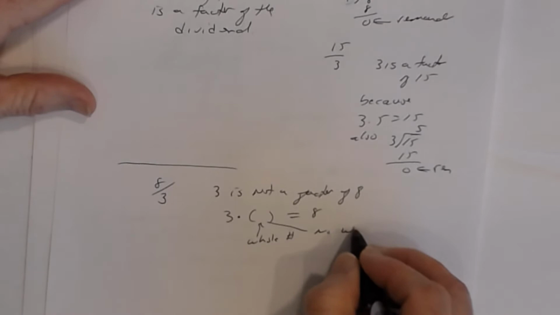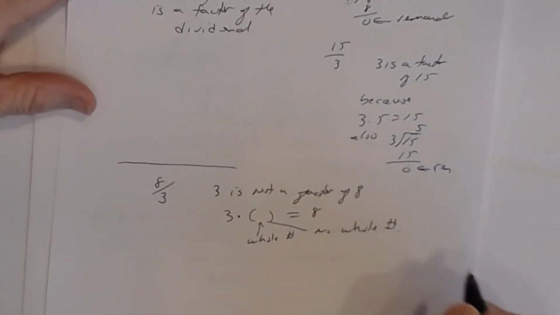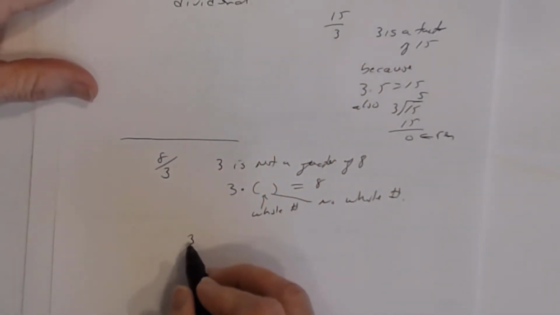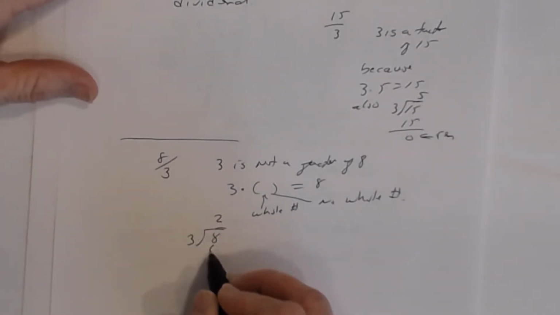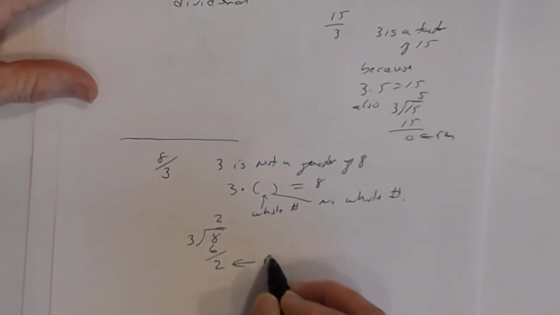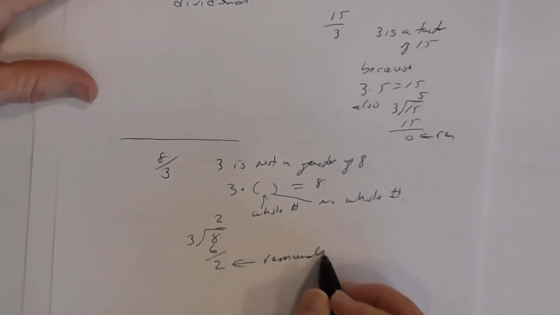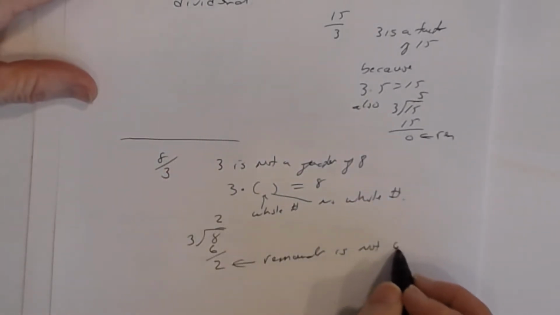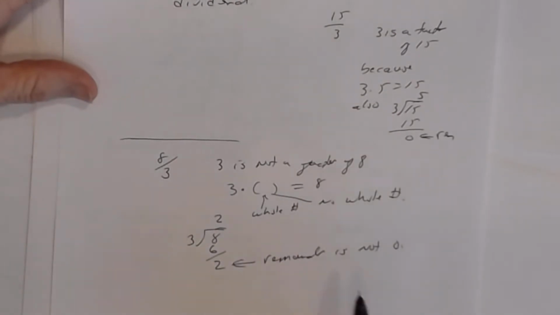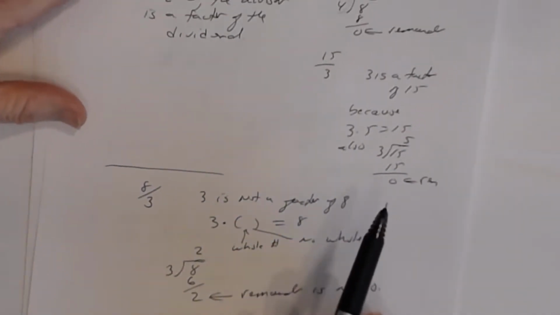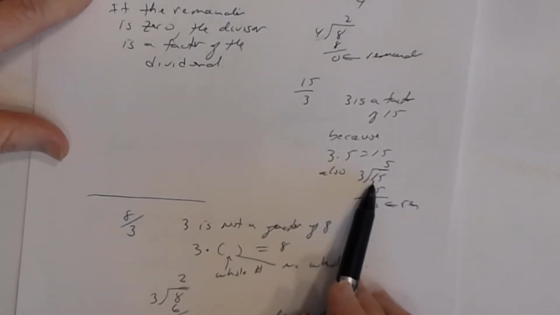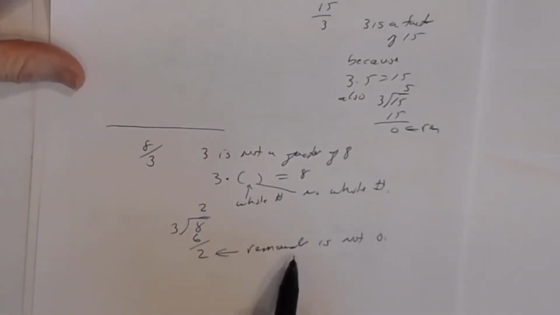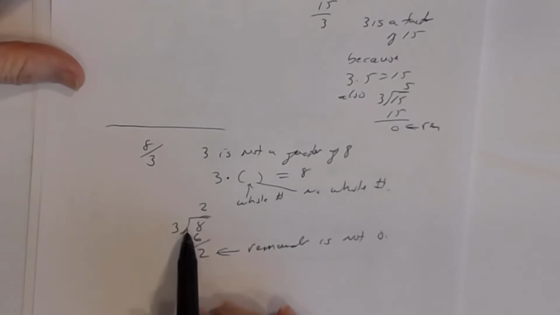And in particular, you can look at it this way. 3 into 8, 3 goes into 8 2 times. 2 times 3 is 6 with remainder 2. Notice the remainder is not 0. If the remainder is 0, the divisor is a factor of the dividend. If the remainder is not 0, the divisor is not a factor of the dividend.